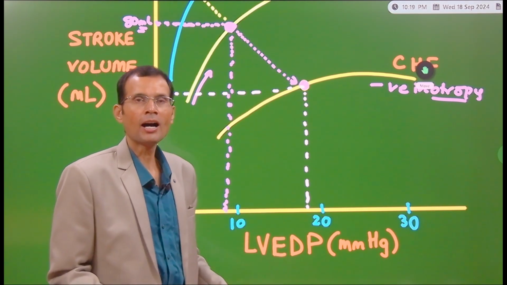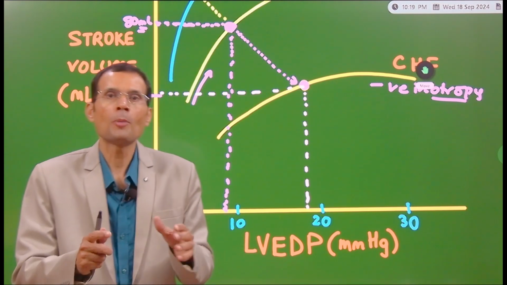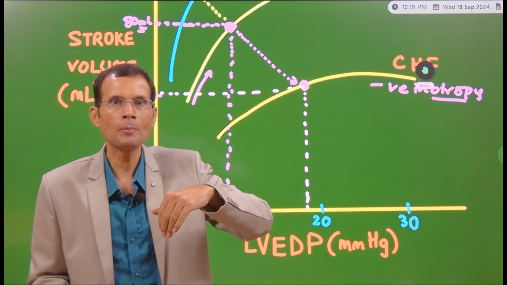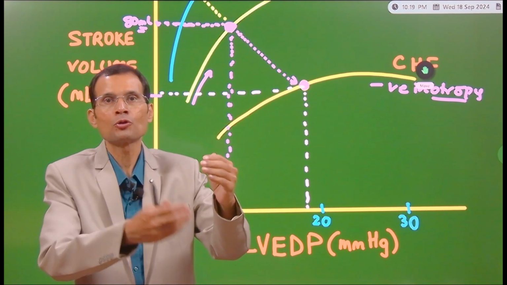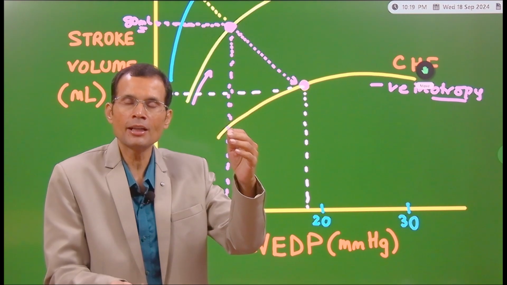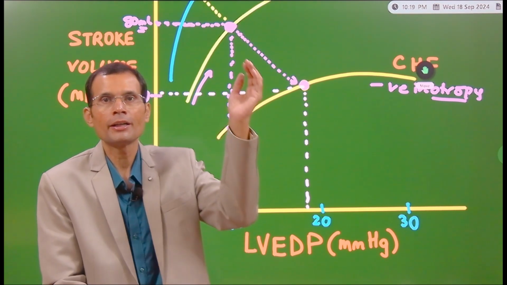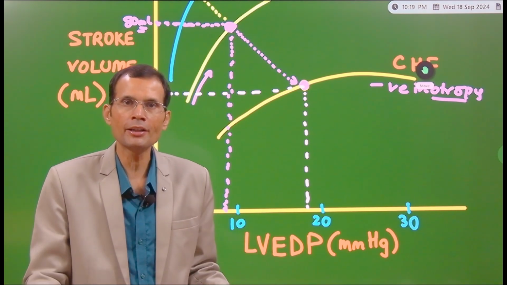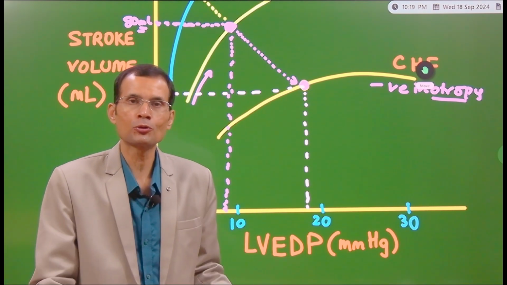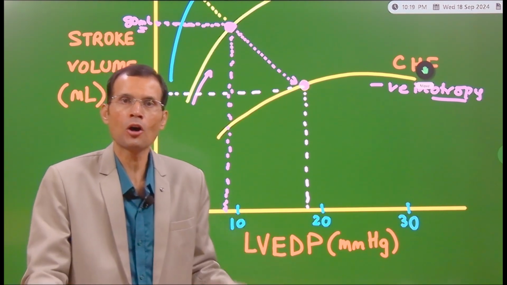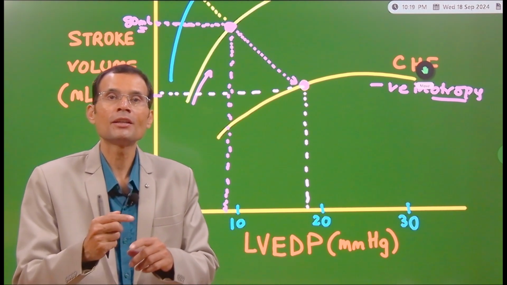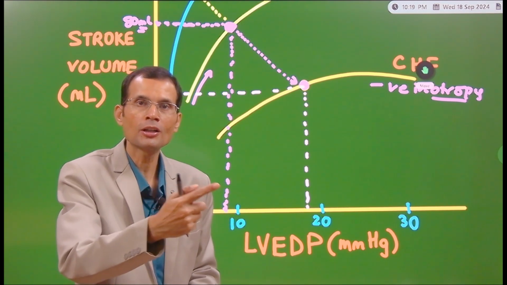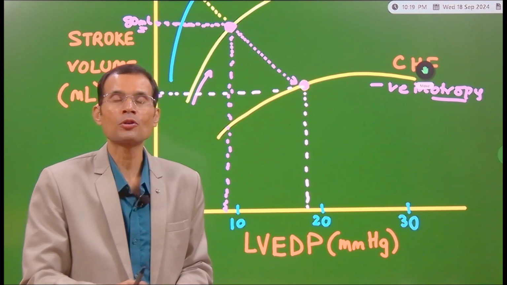So in the failing heart, at least initially, this compensatory mechanism sets in. Less stroke volume is ejected out because the heart as a pump is failing. So by the end of the systole, more blood is in the left ventricle, then it goes in diastole, it receives its normal quota of blood, and therefore end diastolic volume is also greater, end diastolic length is also greater, increased more than normal, and therefore with the next systole, by Frank-Starling law, it will produce a stronger contraction and will try to eject out more stroke volume.